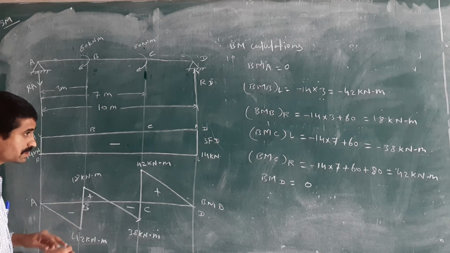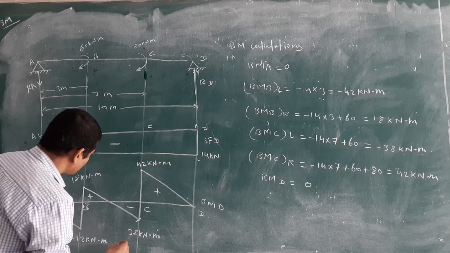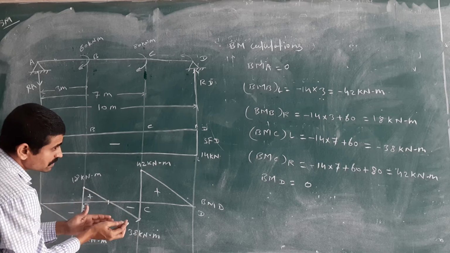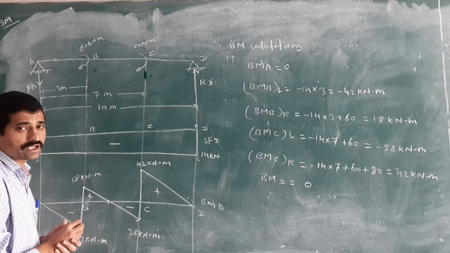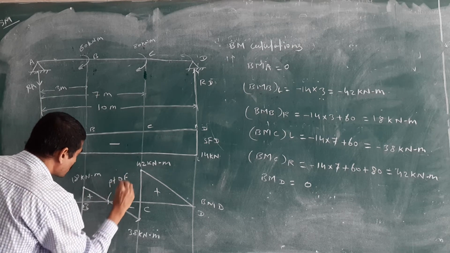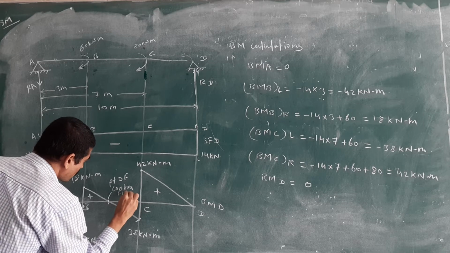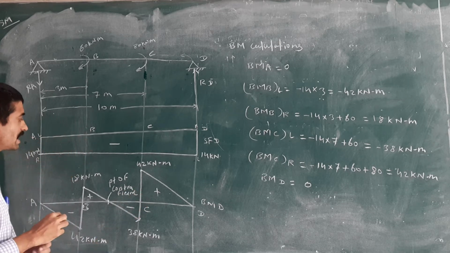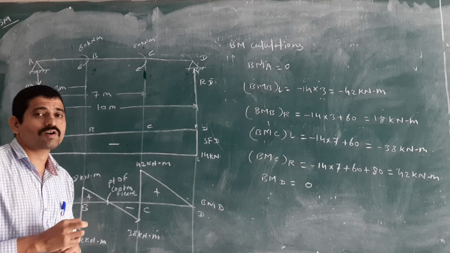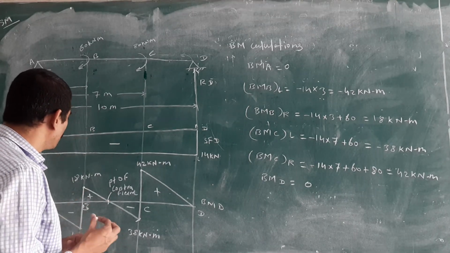The point at which, in the bending moment diagram, there is a change of sign, negative to positive or positive to negative, is called a point of contraflexure. Remember, most of the time in the examination you will get the question: find out the point of contraflexure with SFD and BMD.